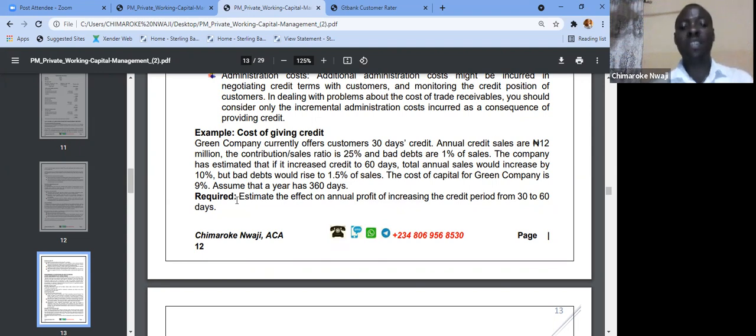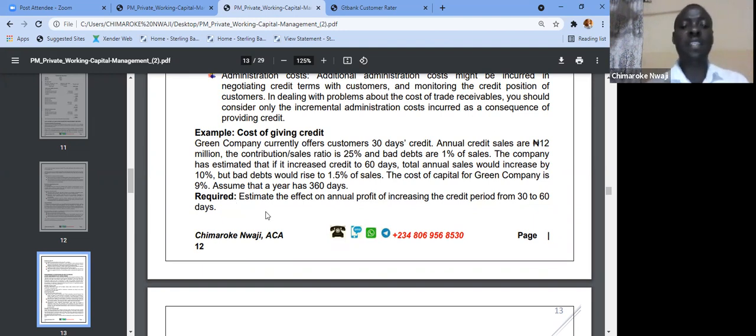But the bad debts will now rise from 1% to 1.5%. The cost of capital for Green Company is 9%. Now we are assuming that a year has 360 days, let's say 360 working days or so.